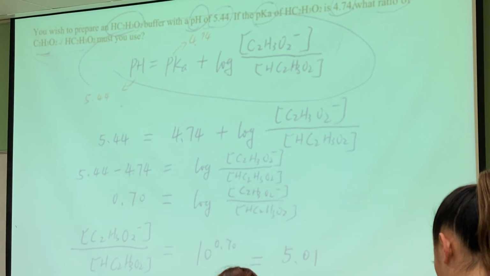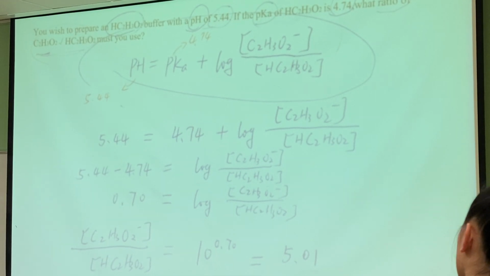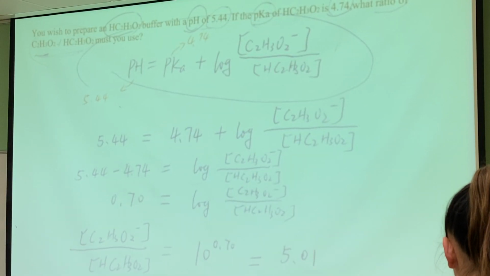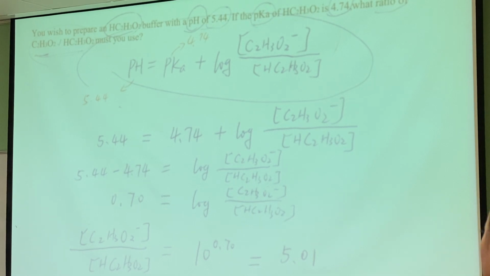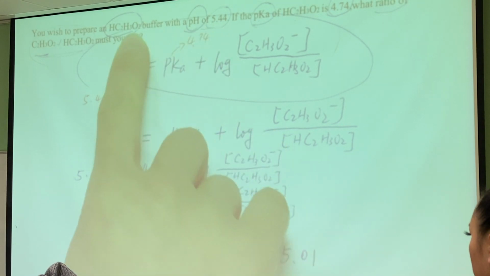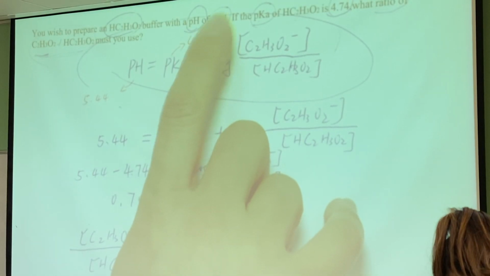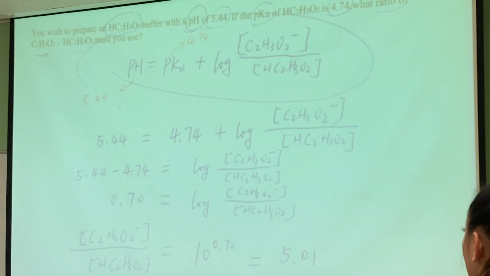So now related with that, the ratio. We are talking about the buffer capacity or the buffer pH range. So how can I know the buffer is good? How can I know, if I want to prepare the buffer with pH 5.44, which chemicals should I pick? Which acid should I pick?